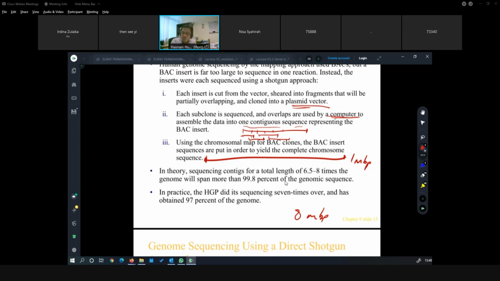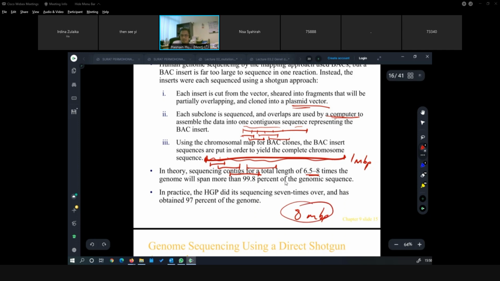So I have to sequence all these pieces representing the entire chromosome 8 times the length, in order to cover 99.8% of the entire genomic sequence of the chromosome. So 6.5 to 8 times the length is needed to make sure that all the overlaps are covered.